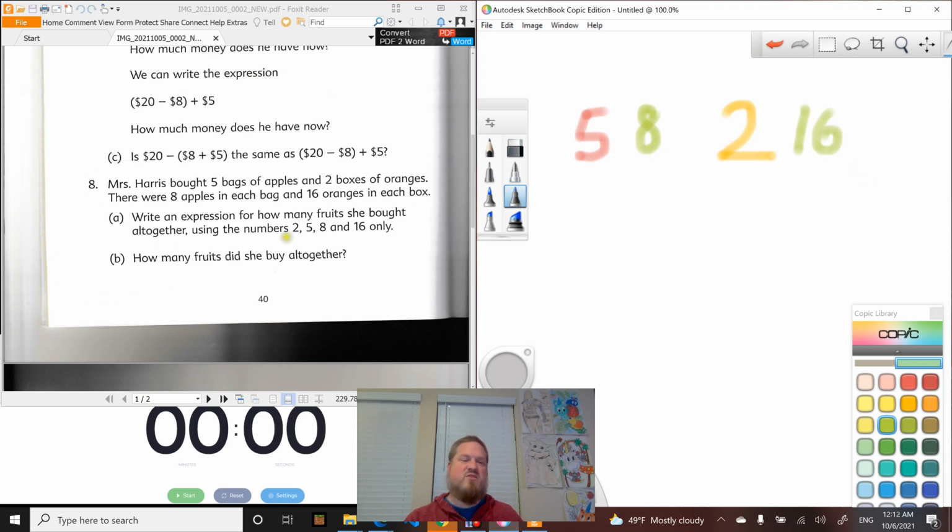Write an expression for how many fruits she bought all together using the numbers 2, 5, 8, and 16 only. It doesn't have to be in that order of 2, 5, 8, and 16, but you have to use only these numbers.